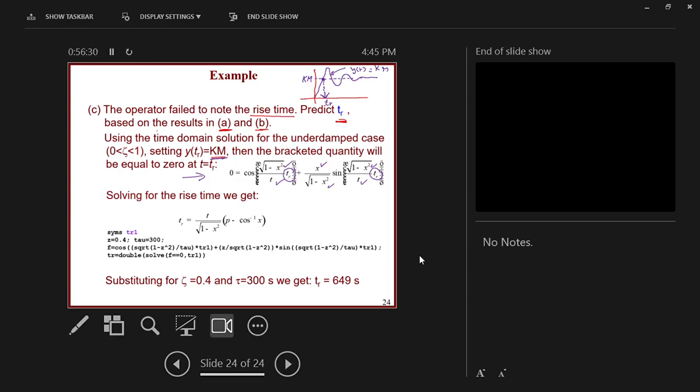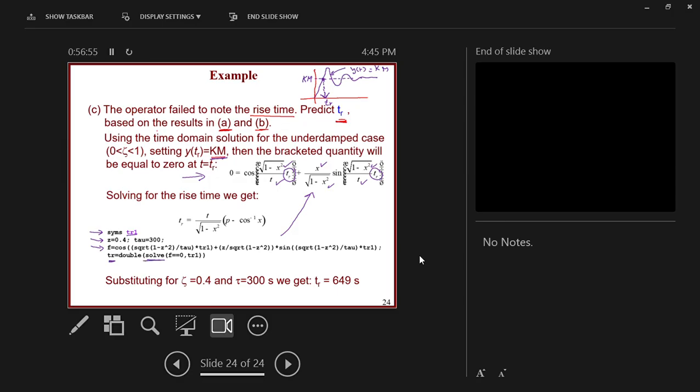But if you have access to MATLAB, then you need to define TR1, which is the value of TR, define the values of zeta and tau, and then put the equation for the function. Then the value of TR will be found by using the solve command.